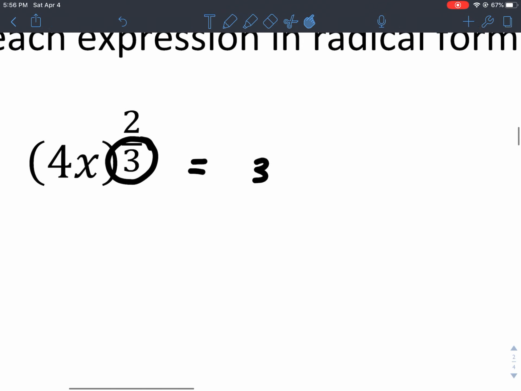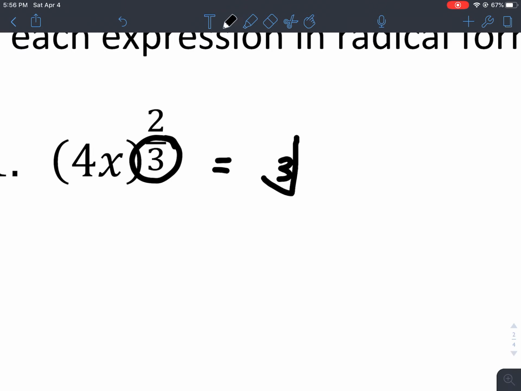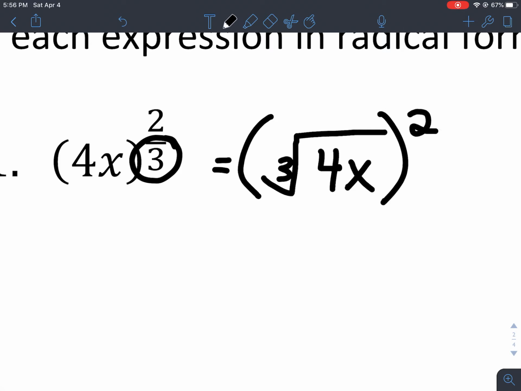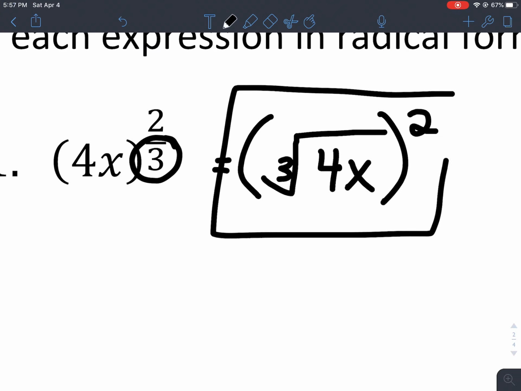The 4x is underneath that radical. And now what's the exponent that stays? It's the numerator that stays on the outside. And now we have a radical expression. So realistically, all I did was basically take that denominator and move it to the index of the radical.